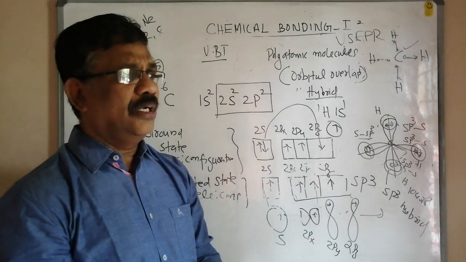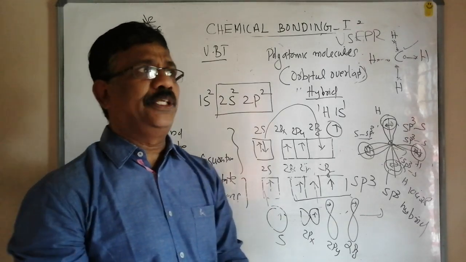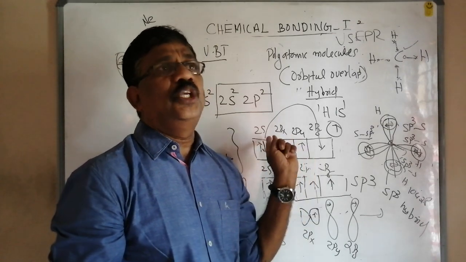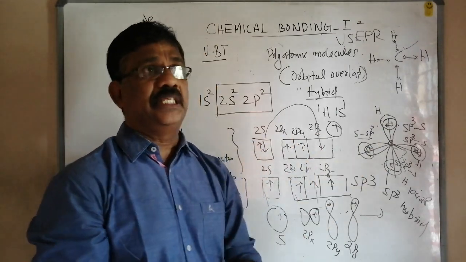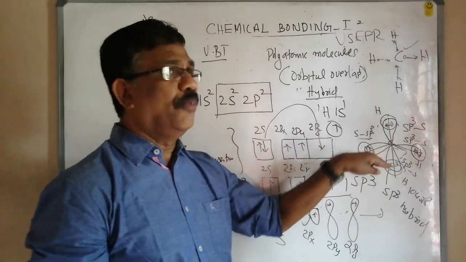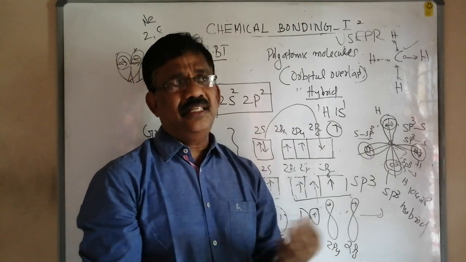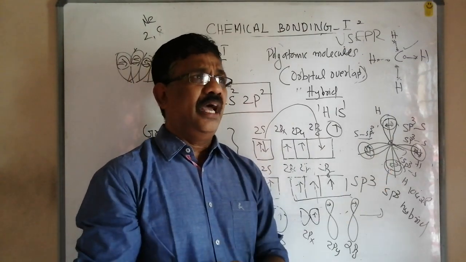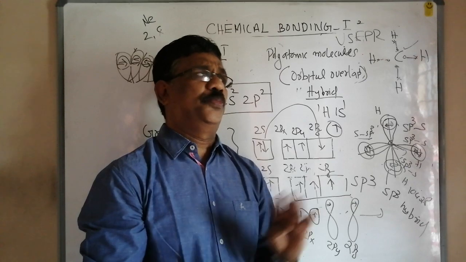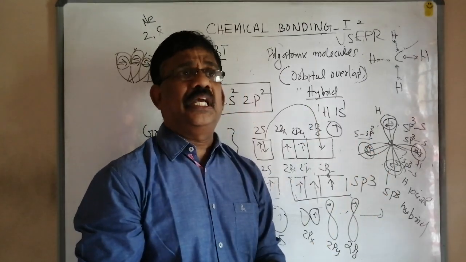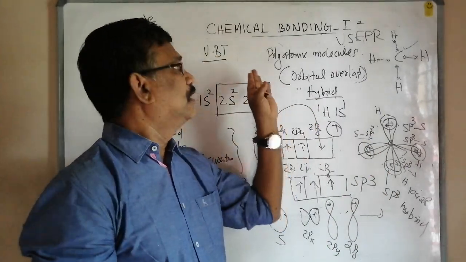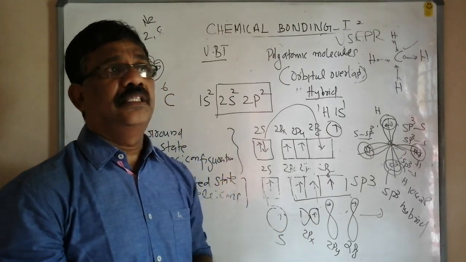So a covalent bond can be formed by a hybrid orbital also, like the normal orbitals. Here it is Sp3 S in methane. All the bonds are identical, with the same bond strength and bond length, confirmed by experiment, and explained theoretically by Linus Pauling and later the VBT.